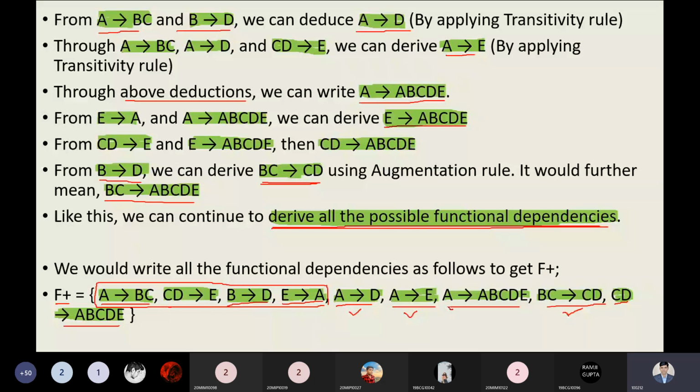A determinant to A, B, C, D is saying to us A determinant to A, and it will definitely implicitly contain A determinant to AB and A determinant to A, B, C. If you write these dependencies, they are by default part of this dependency. You can write them, but why are you writing them? That is a point you have to keep in mind. Clear?